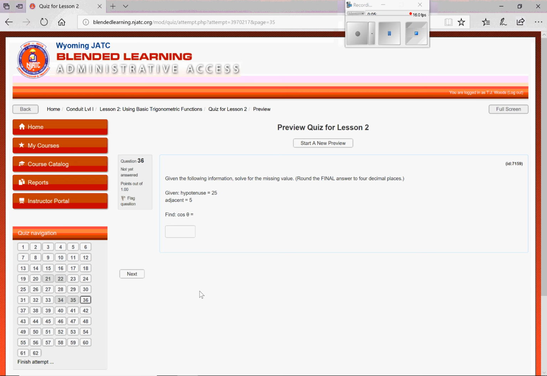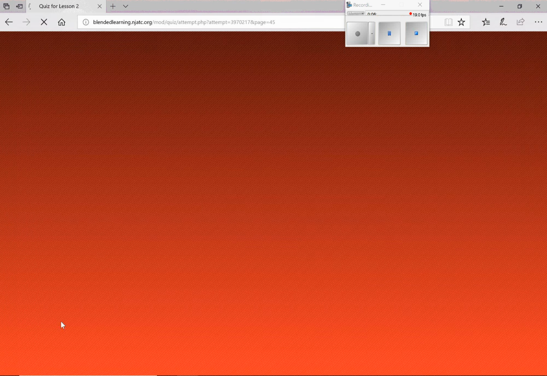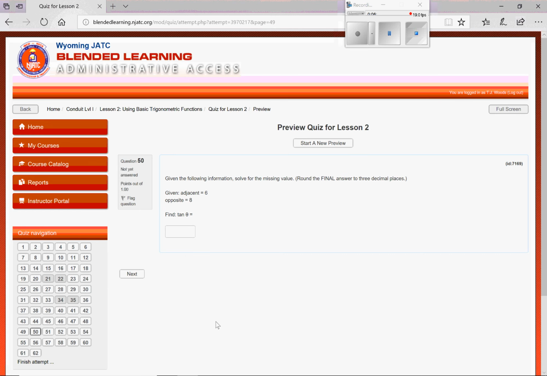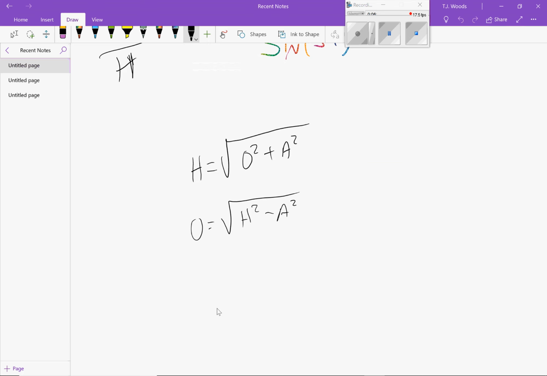Now I'm going to move forward a little bit. All right, so now we're talking about tangent. With this, that circle is going to be O over T times A. So my tangent, which I'm looking for, is going to be equal to my opposite divided by my adjacent.